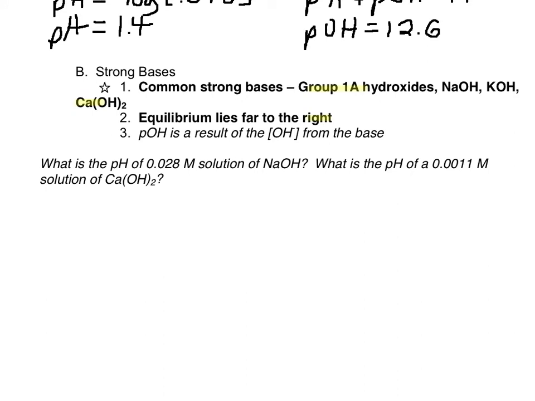What's the pH of a 0.028 molar solution of an AOH? This is a base, so it forms OH- ions, not hydrogen ions. So that means I can find pOH, but not directly pH, so I'll have to go through some steps.